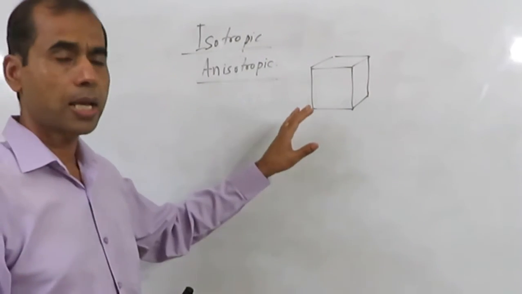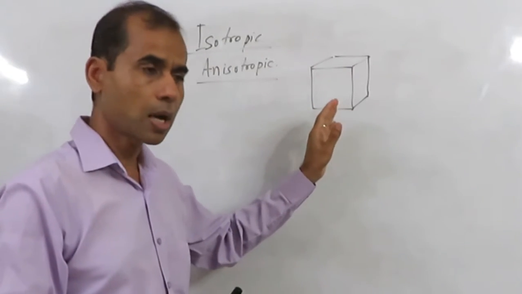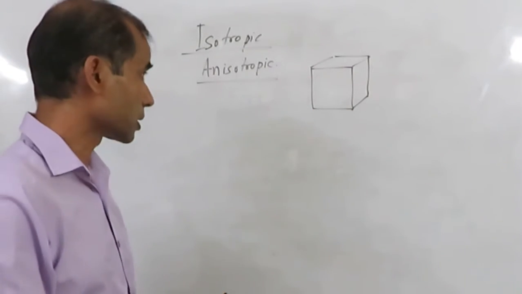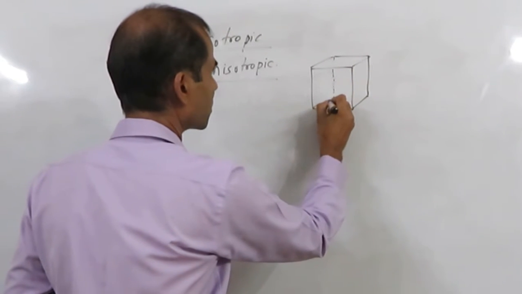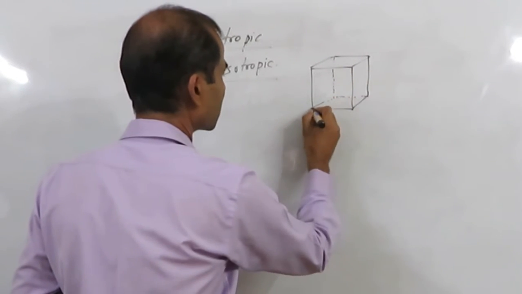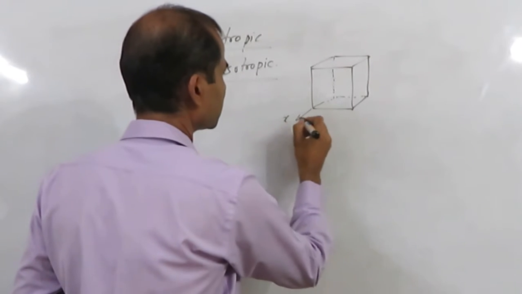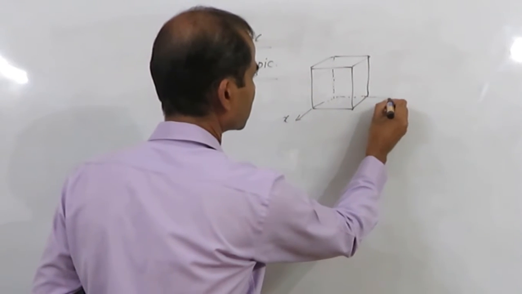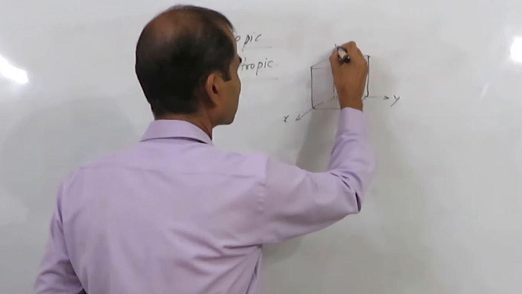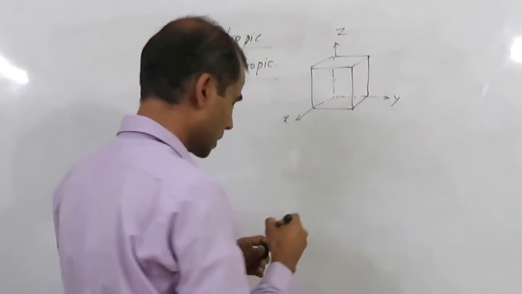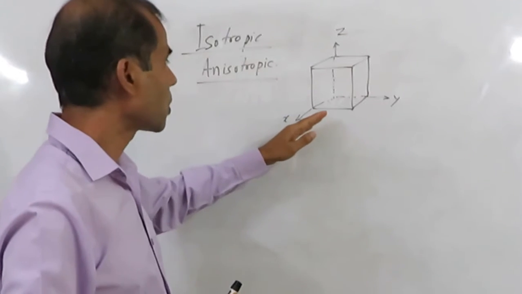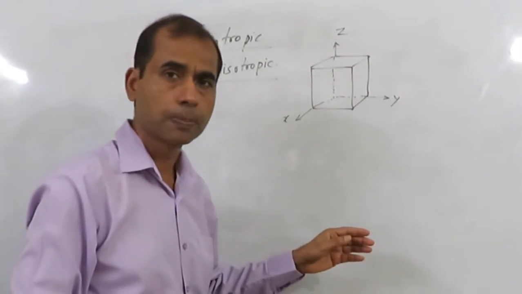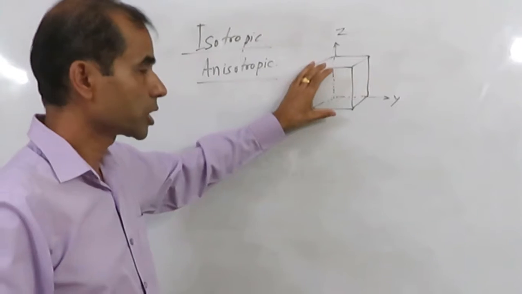If this material has mechanical properties which are same in all directions, let's say we have got Cartesian coordinates x, y, and z, and this is the material.